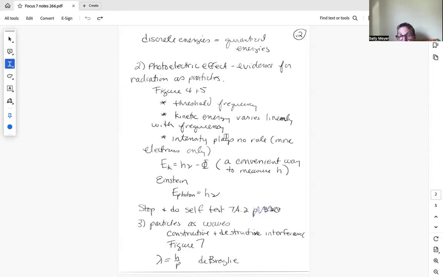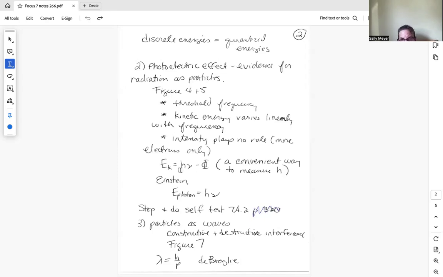You can make the light more intense, so make it brighter, but if it has the same wavelength and frequency, until it gets to some threshold, you'll have zero electrons being pulled from the surface. And then the kinetic energy varies in a linear way with frequency, and the intensity plays no role. It only means that there are more electrons coming off, but it won't make an electron come off if you don't have that threshold frequency.